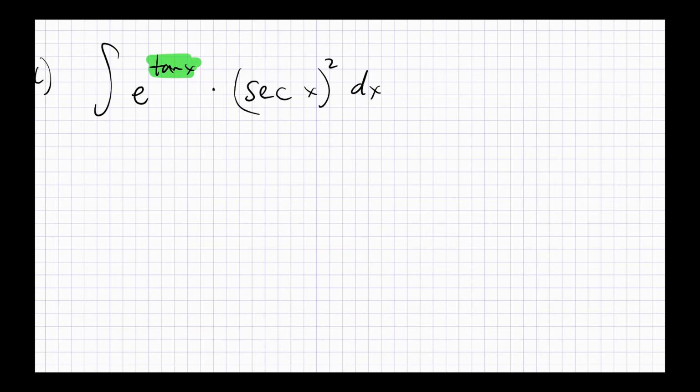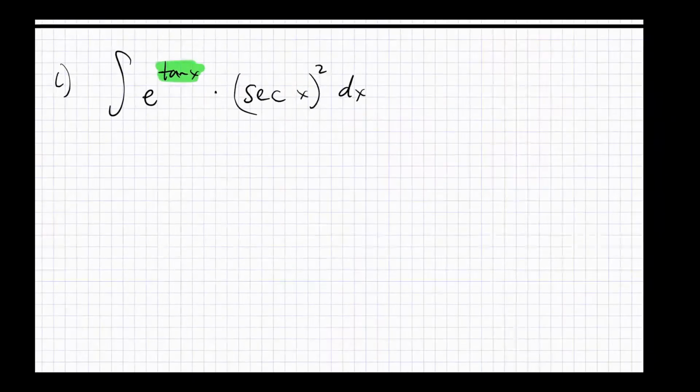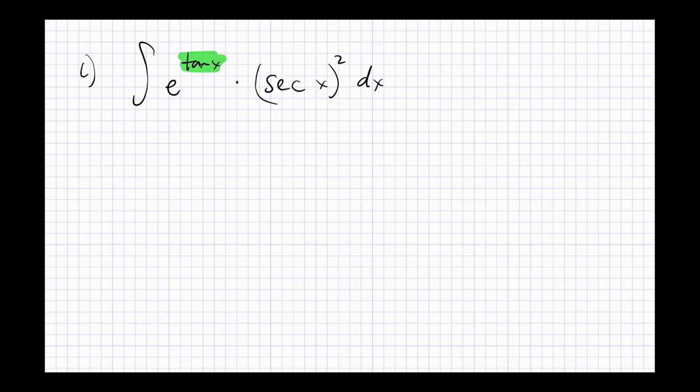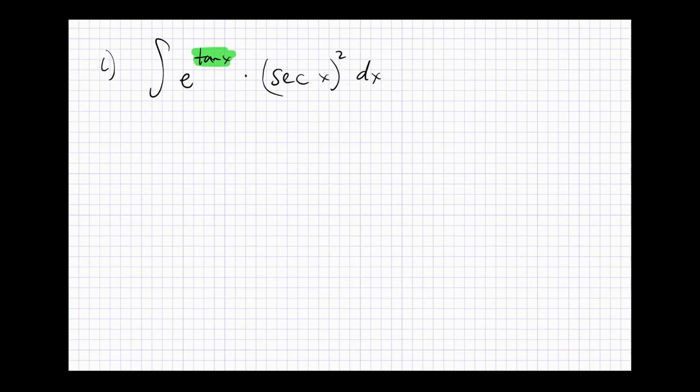That'll cancel out nice and neat. That's another bell in my head saying, hey, that's going to be it. That's the key there. Find something in there where its derivative is already in there and it'll cancel out nice and neat. That's the way to look at these problems.